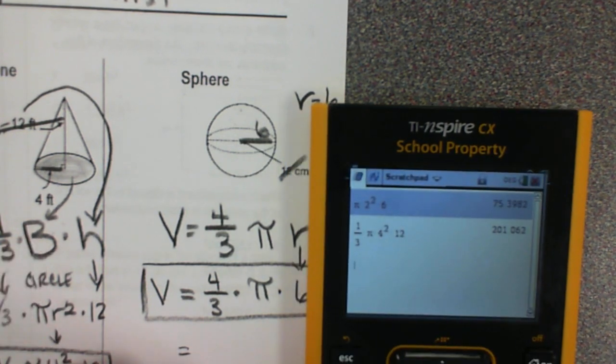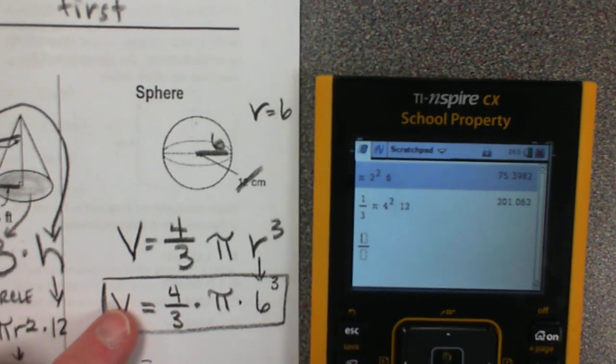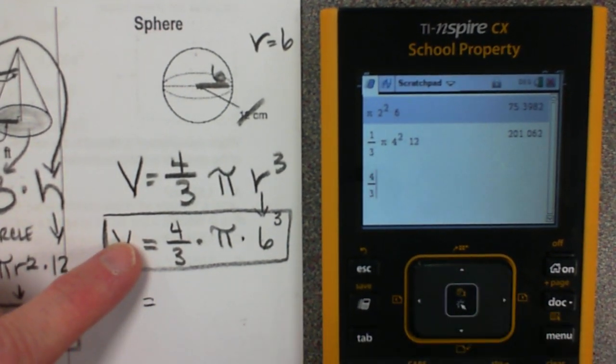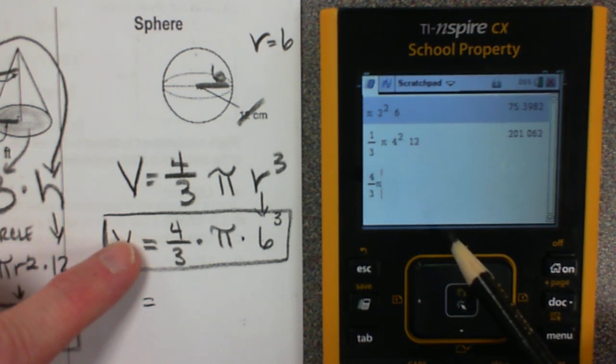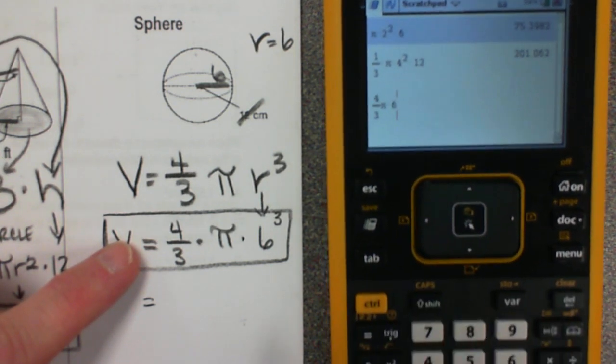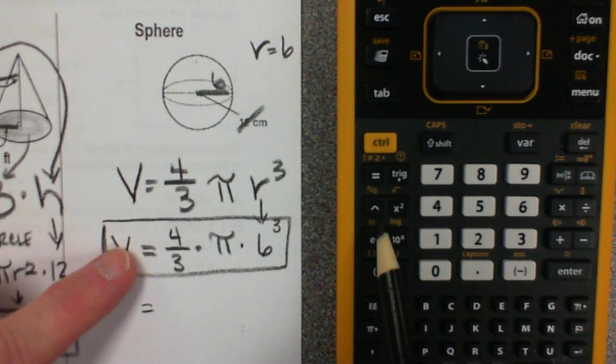All right, control divide to get my fraction. In this case, my 4 is my numerator and 3 is my denominator. On page right, and I've got my pi times 6. And remember, I need this button right here to get to the power of whatever I want to get to.